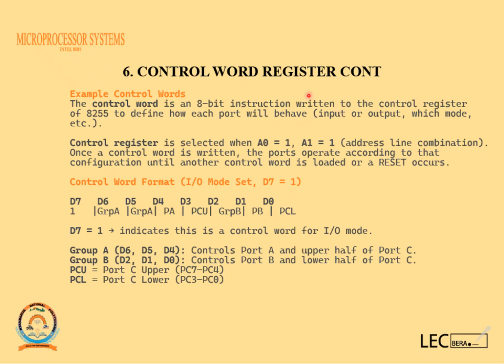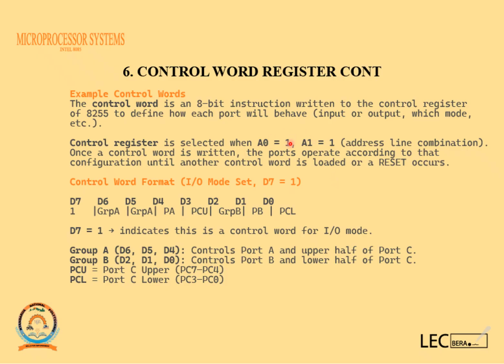If you want that data to go to port B, it is 01. If you want that data to go to port C, then it will be 10. But if you want that data to go to the control register, then you have to set these address lines A1 to be 1 and A0 to be 1. And by doing so, any data which is placed at the data bus is going to go directly to the control register.